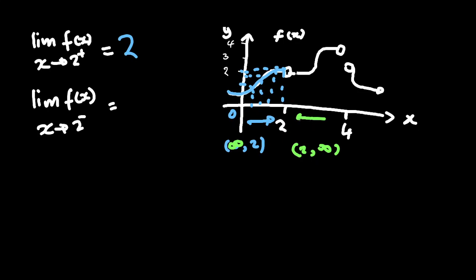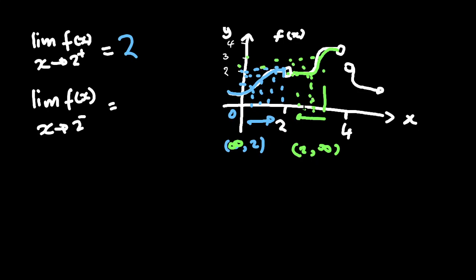So if I'm coming from this side and I'm coming to 2, I will be using this portion of the graph here. So I will have f(x) here and f(x) here.